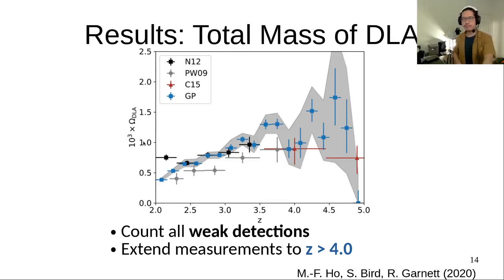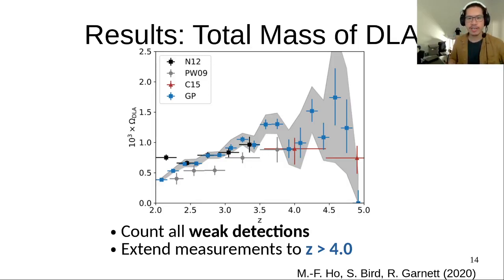And this is another important statistic of DLAs, the total mass of DLAs. This plot shows the total hydrogen mass content in DLAs in units of cosmic density as a function of redshift. Again, our measurement is consistent with others, and since we count all of the weak detections, we are able to extend our measurement to redshift larger than 4.